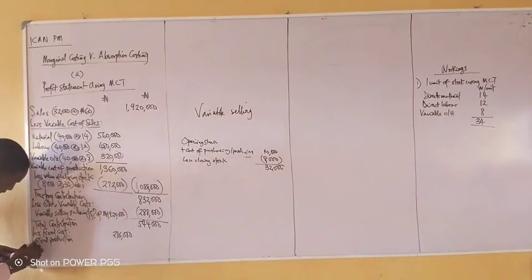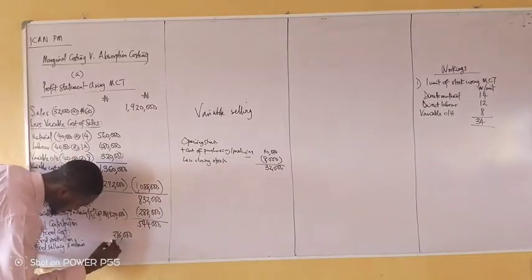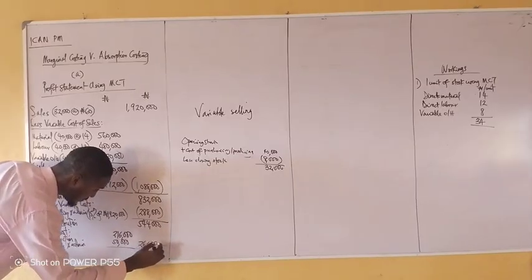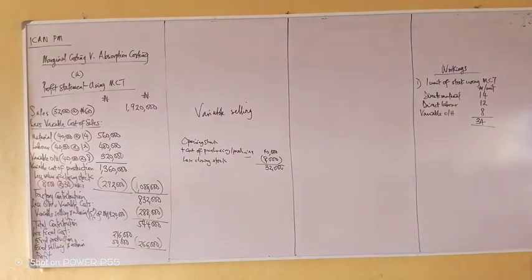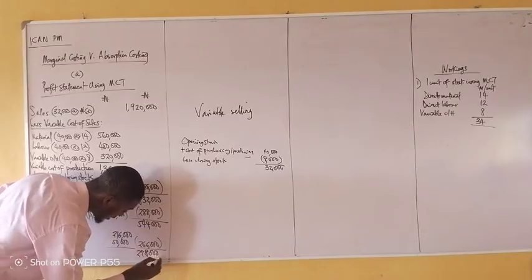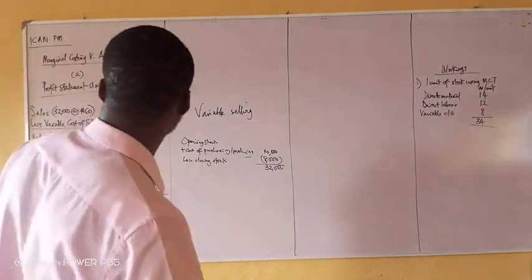And we also have fixed selling, which totals 266,000. So what is our profit? 278,000. So this is our profit under MCT. Now we're going to do ACT, absorption costing.